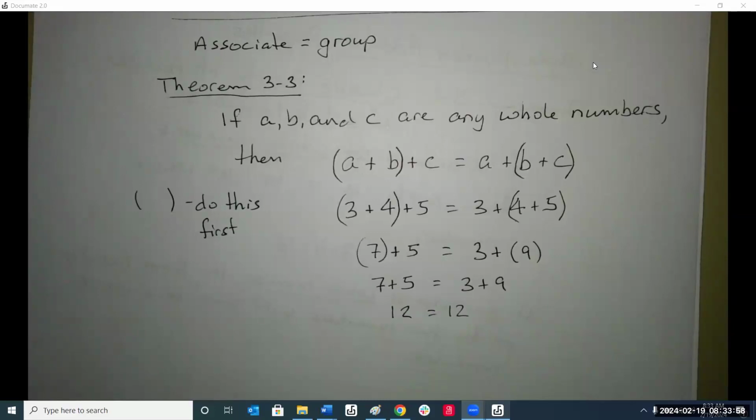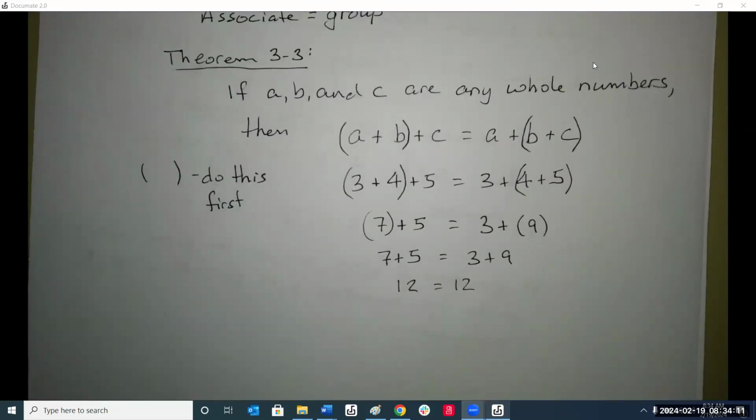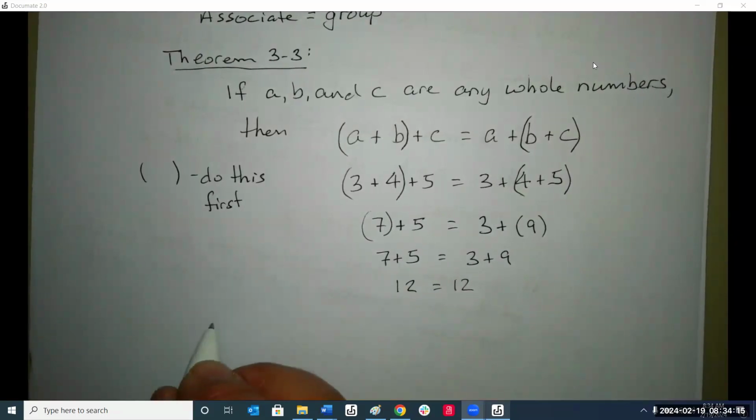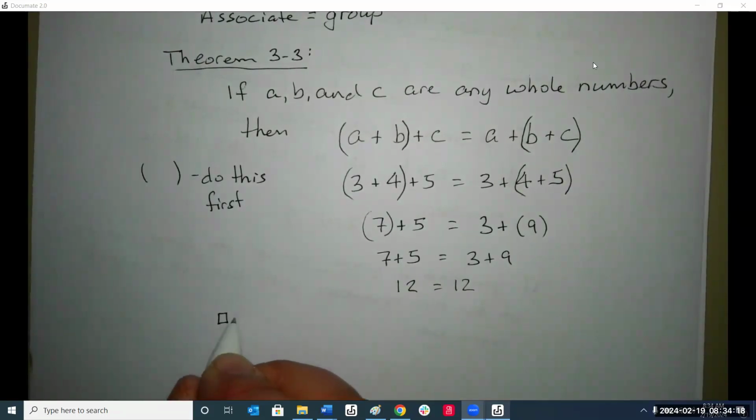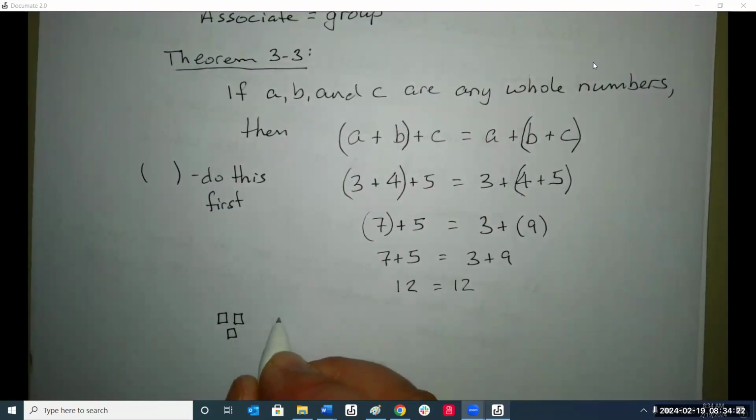All right. And we do the same thing with the blocks there. So, for example, with blocks, I have 3 blocks.